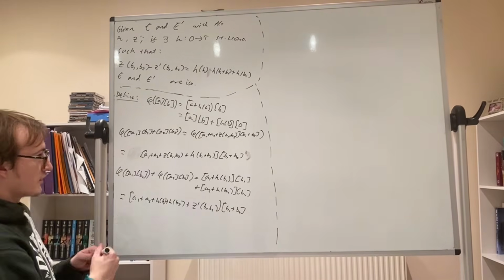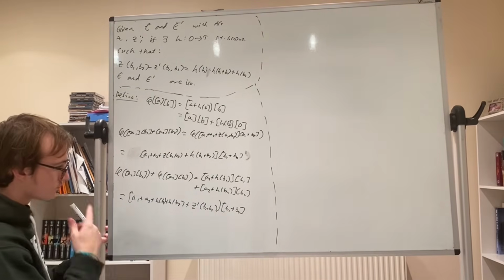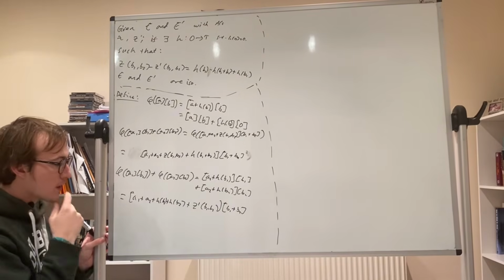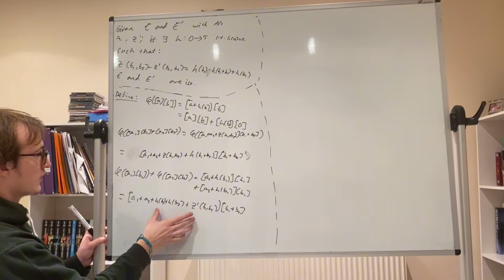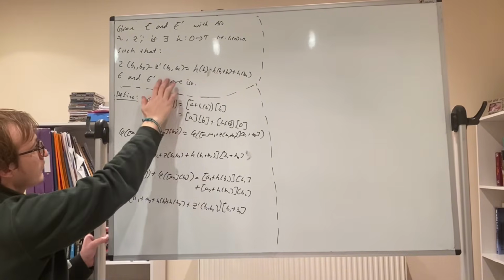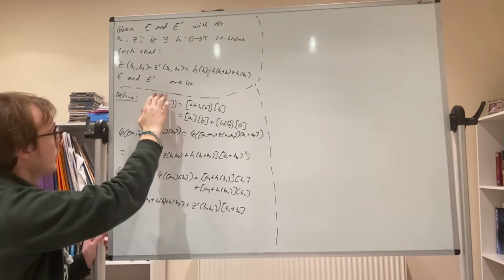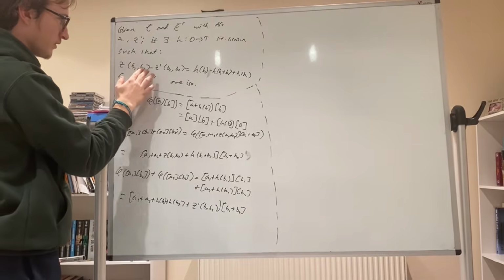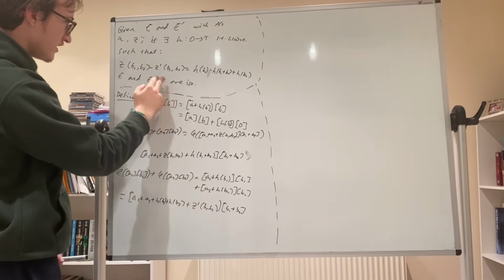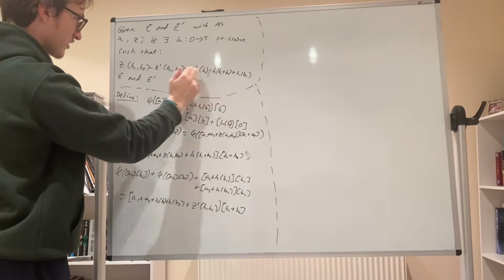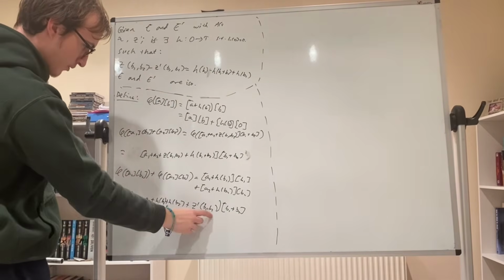So if we look at these two, they have to be the same. Well, if we rearrange this, we get Z of B1, B2 plus H of B1 plus B2 is equal to H of B1 plus H of B2 plus Z prime of B1, B2.